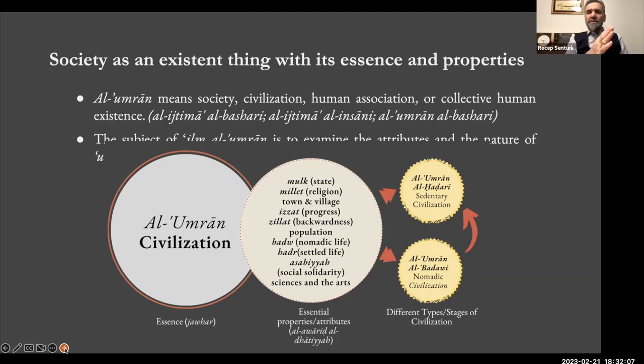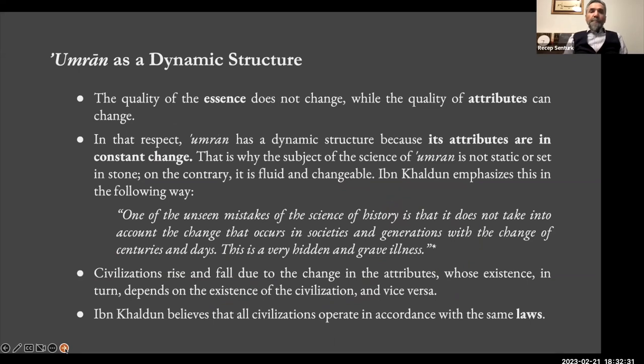So you see this multiplexity here. There is Jawhar, there is essential property, properties of civilization, and also different types of civilization. So this is a multiplex ontology, in particular Jawhar and Araz. Jawhar, Araz Dhati, Araz Ghair Dhati, three levels of existence. So the Umran is a dynamic structure.